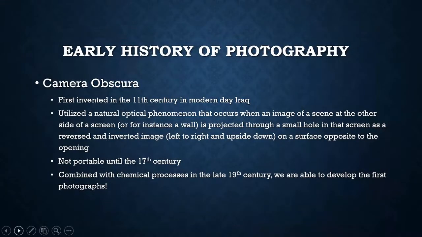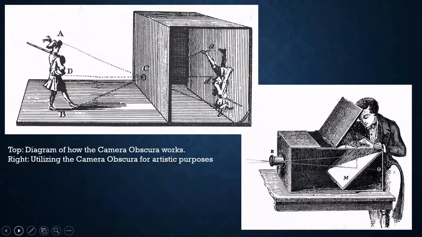But it's not until we develop photography in a way that is a little more accessible that we can actually make movies. And we have to talk about the camera obscura, which is invented in the 11th century. Basically, it's this little box where if you poke a hole inside of it, an image can be reflected upside down to show you the image.